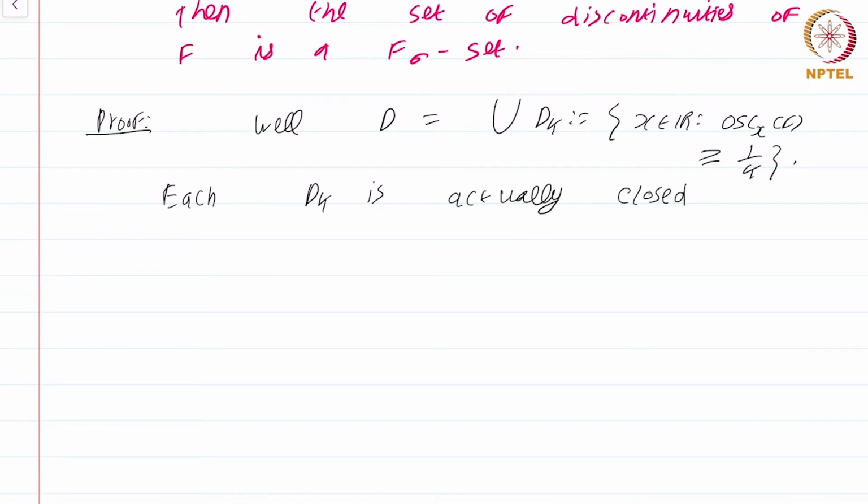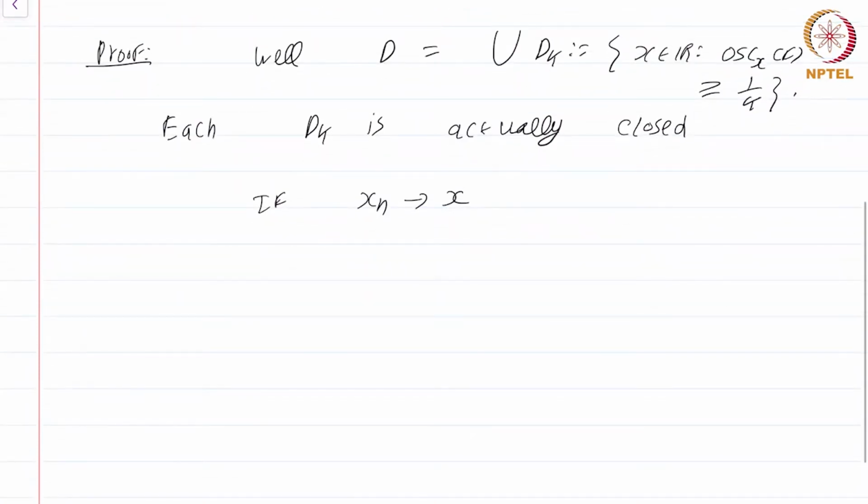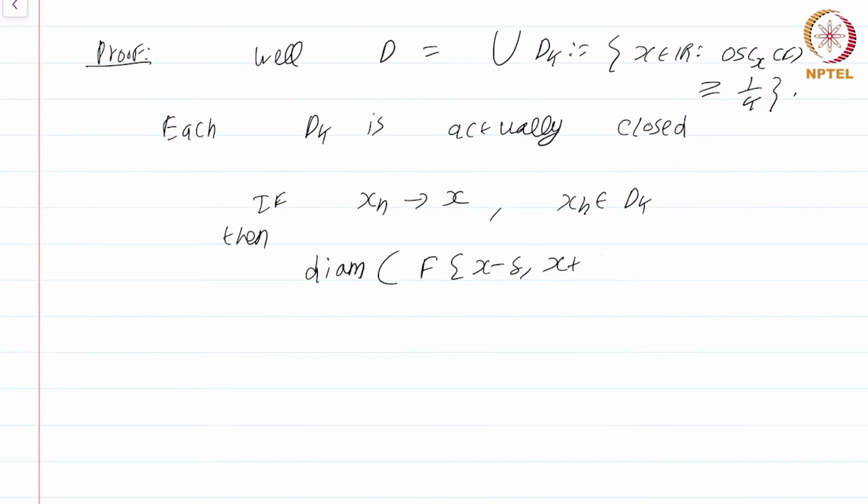Well, if x_n converges to x, and x_n are in D_k, then if you look at the diameter of f of (x minus delta, x plus delta), this diameter also has to be greater than or equal to 1 by k.